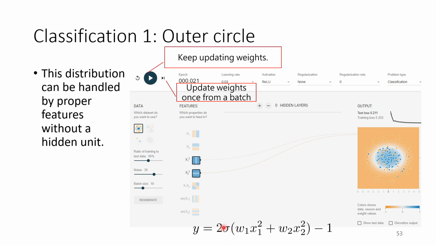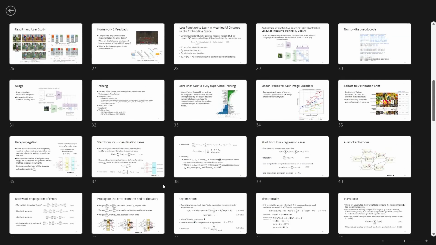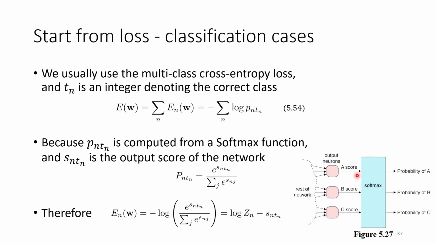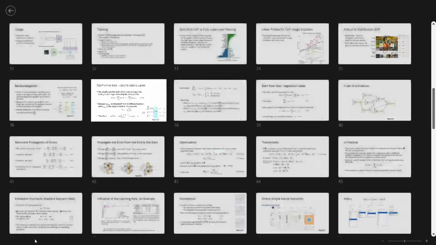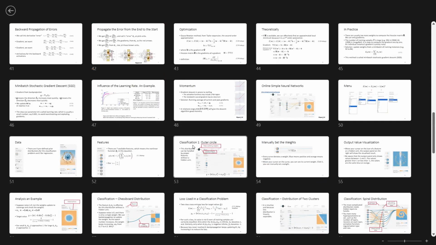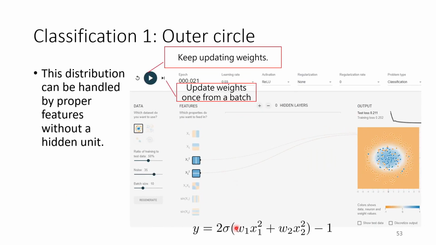You see, this is logistic. It will convert the score to the probability. Let's go back to this image to help you. This is the output of the score, and this is softmax, and we will generate the probability of the two classes. Here the equation is slightly different. Why?